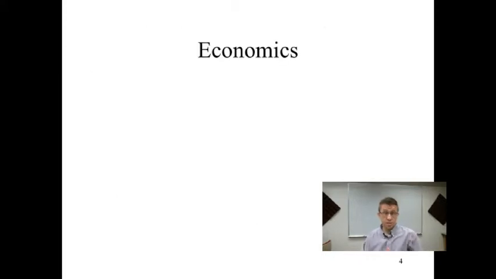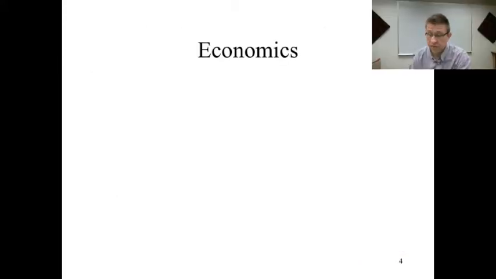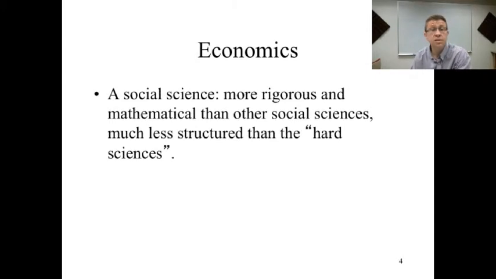So what is economics? For those who haven't had it, it's a social science, more rigorous and mathematical than the other social sciences. You'll see more math in most economics classes than you would in, say, psychology, sociology, or usually political science. However, it's usually less structured, with less math, and a little bit more on the social side than the hard or natural sciences.